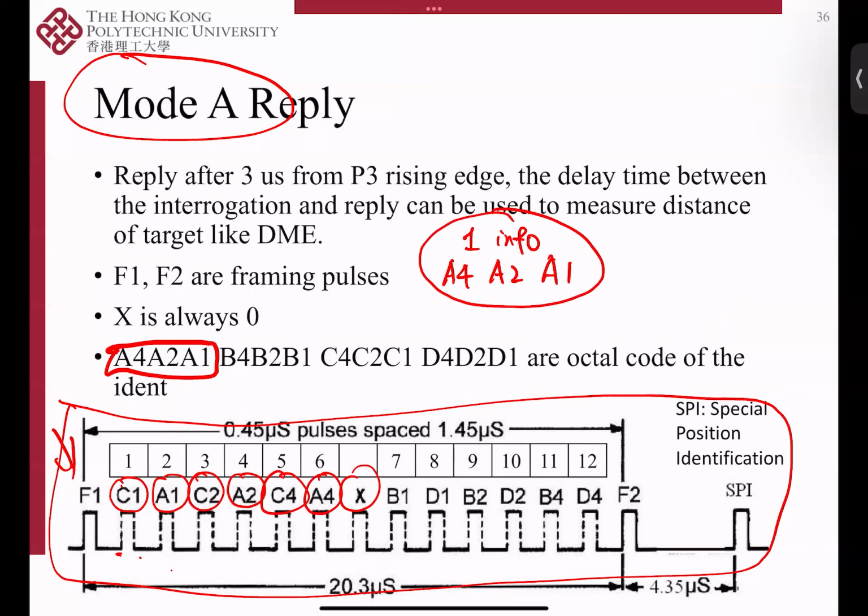You need to collect this information from different sections of the signal. So A4 is in here. A2 is in here. A1 is in here. So you need to collect the information from different boxes and combine them into the original information.